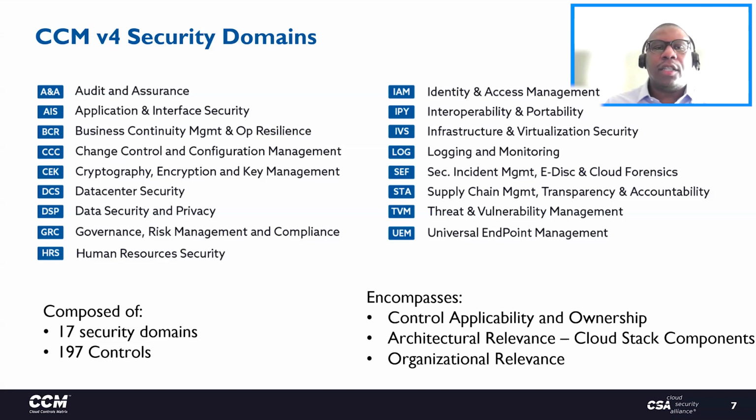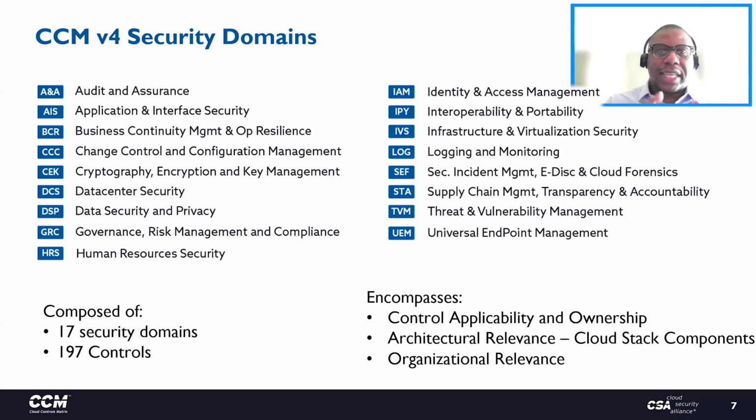So we have audit and assurance, application and interface security, business continuity management and operational resilience, change control, configuration management, cryptography, encryption, and key management, very important in the cloud. We have to encrypt our data. Data center security, data security and privacy, governance, risk management and compliance, human resources security, identity and access management, also known as IAM. In the cloud, IAM is your first control, it's your first security border, right?